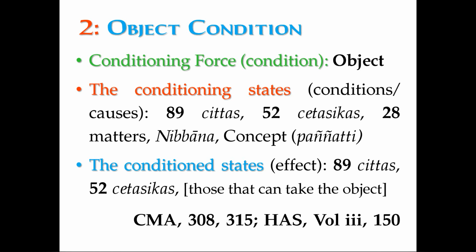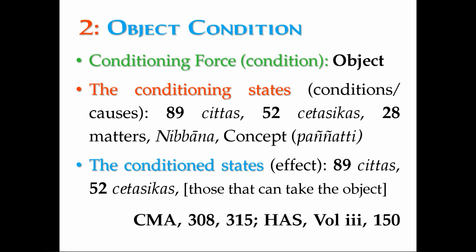Here, the 89 cheta and 52 chetasika are those that can take the object. Other than cheta and chetasika, the rest cannot take the object. Our body cannot take it, right? So when you look at cause and effect, there are a lot of causes: 89 cheta, chetasika, matter, nibbana, concept. But as the effect, only cheta and chetasika.